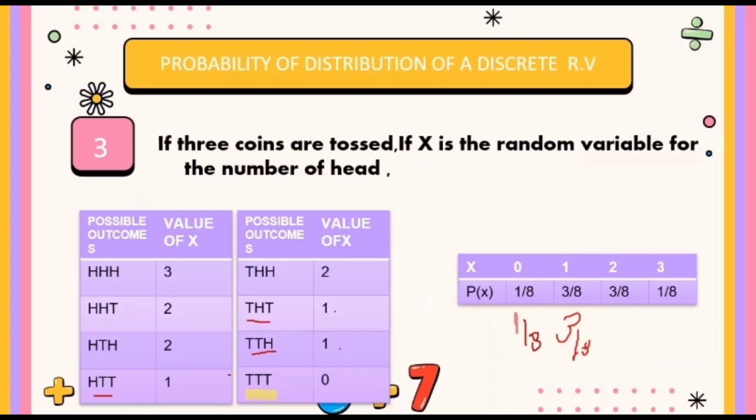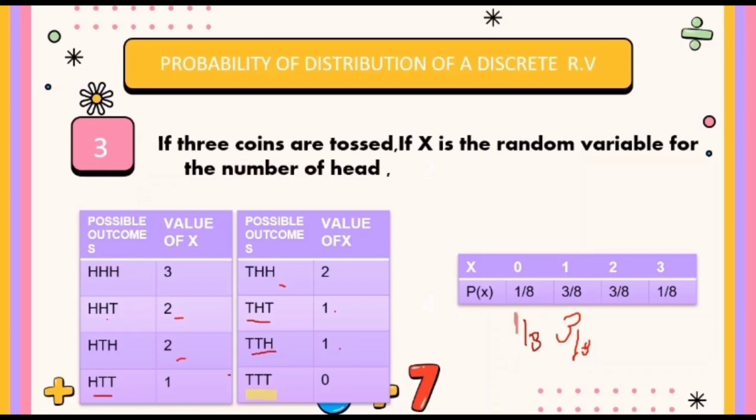Next, how many possible outcomes consist of 2 heads? So let's count. Here 2, also here, and also here.